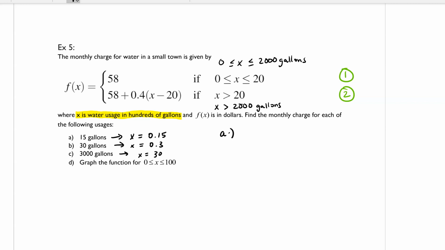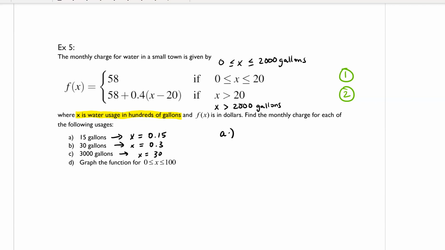All right, so for A, we would plug in 0.15. However, notice that our first expression here is just 58. It's what we call a constant function, which just means that no matter what your input is, your output is going to be 58.